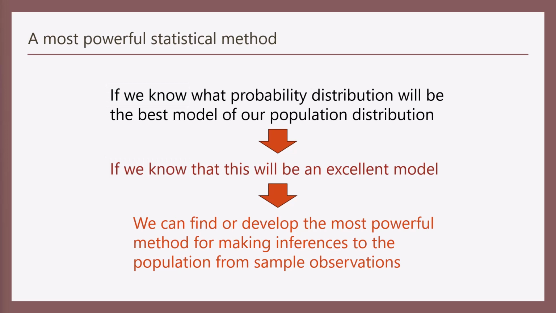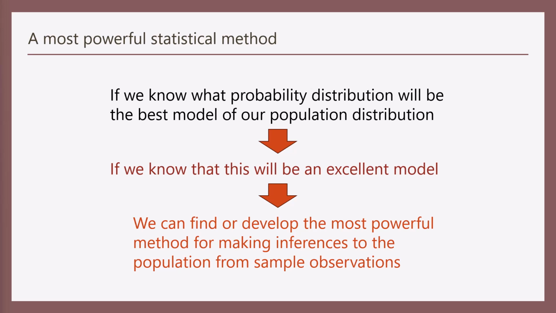But if you think about how many times you work in research and you really don't know what the population distribution looks like, that gives you a hint as to why we may want to move from a parametric procedure to a non-parametric procedure.